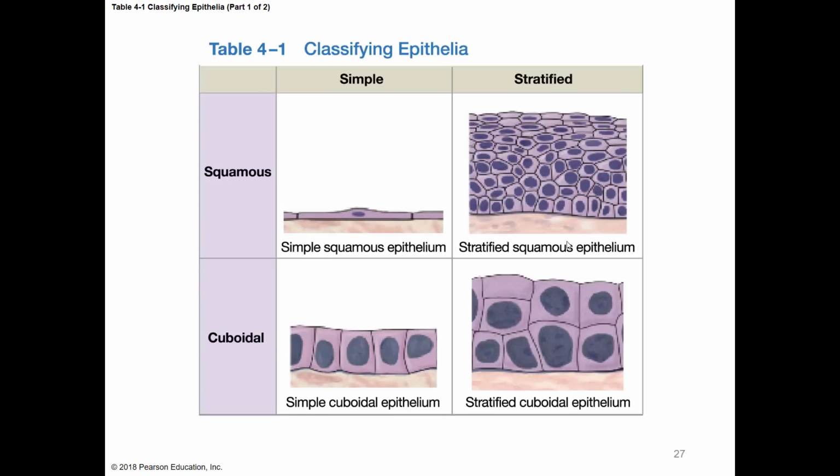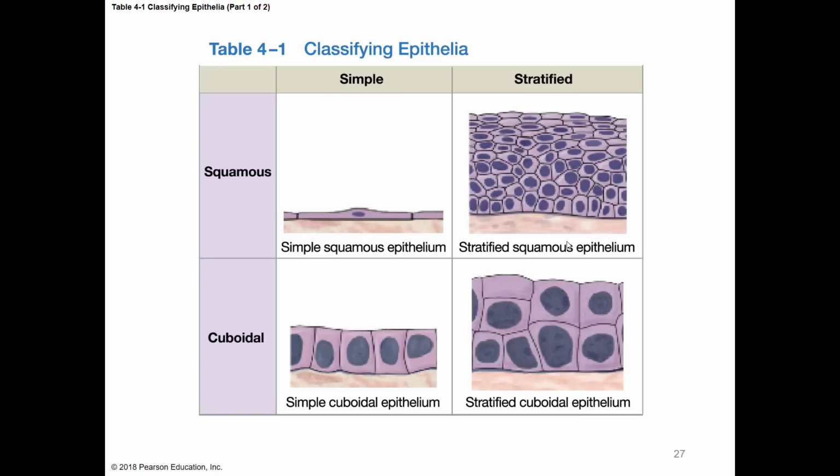So if it's on the outside or close to the outside, it's almost always going to be stratified. So some examples: skin. It's very likely you could bump, scratch, nick, or burn your skin, so it needs to be thick to withstand all of those possibilities. If our skin was only 1 cell layer thick or simple, we could bump into a pillow and bleed to death. So clearly that's not going to work for our survival.